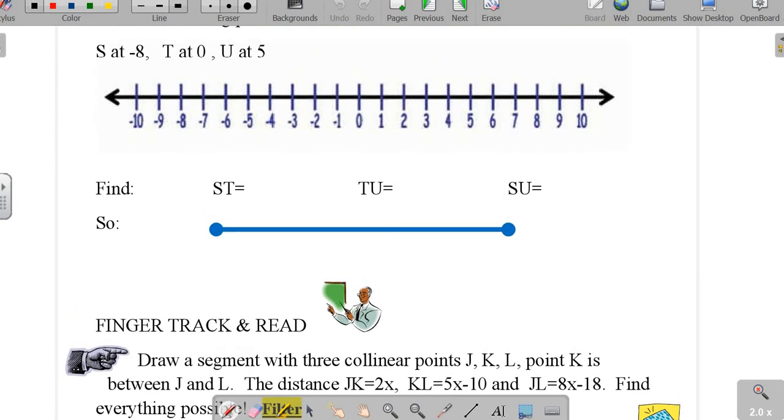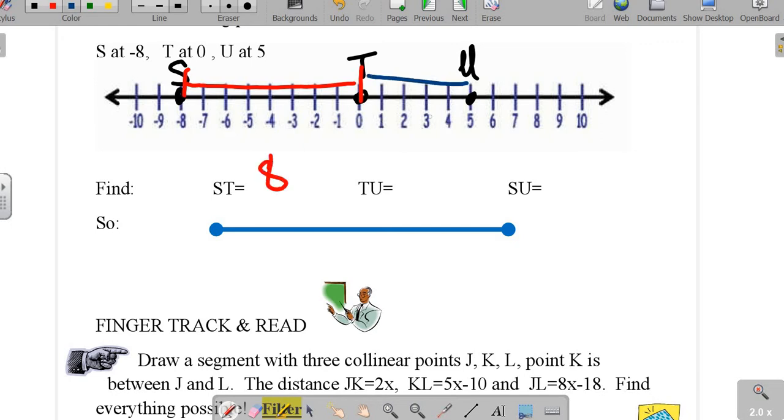Let's plot these points. So let's find these distances. S to T, of course, is 8 units.